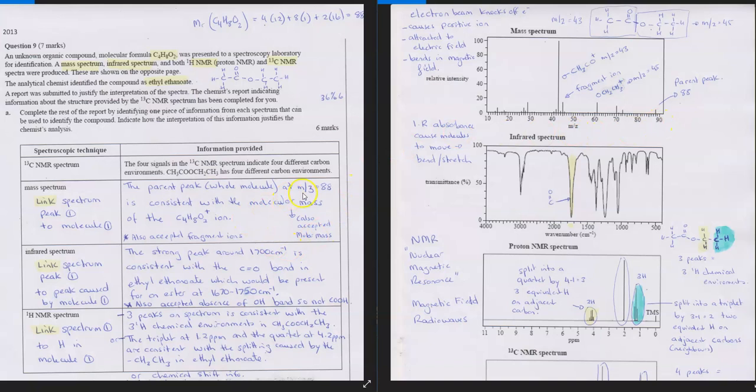In this case, you can say the m/z value at 88, the peak at 88, and now link that to the molecule, is consistent with the molecular mass of the actual molecule. And this is the ion. Whenever you see mass spec, remember that the molecule or fragment you're talking about is a positive ion, so they'll be looking for that.